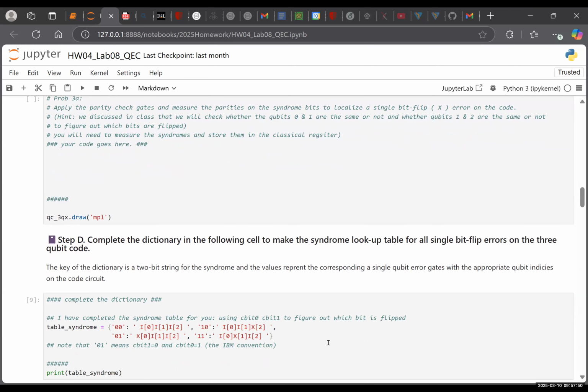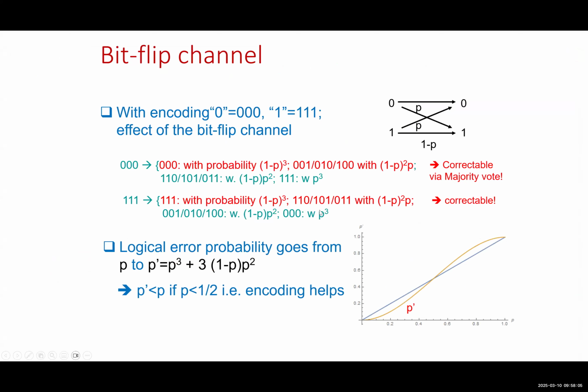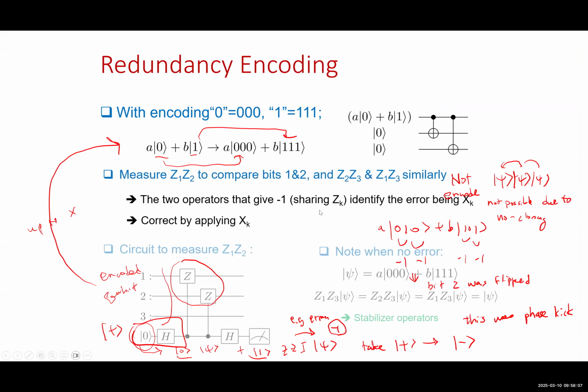So the syndrome is what I have in the slide. The syndrome is what I have here, right, here to check the ZZ. Okay.